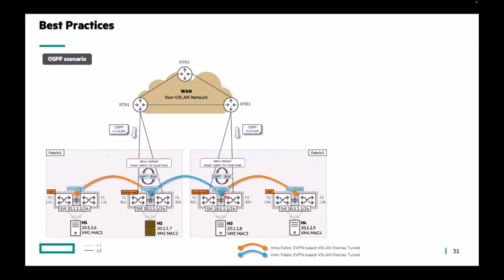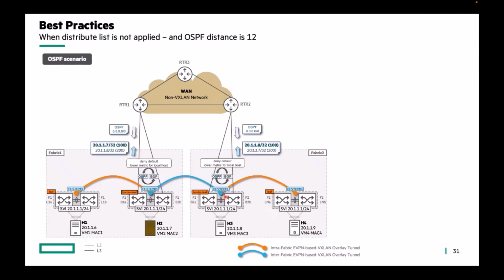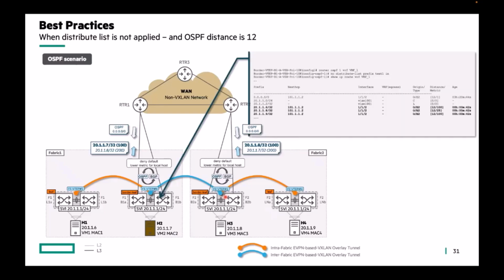Okay. In another scenario, if I do not apply distribute list and the OSPF distance is 12, right? Now I've applied 12 distance, but I still do not apply distribute list. What will be happening? You will see that the .6 is still pointing to the WAN router instead of the other leaf.